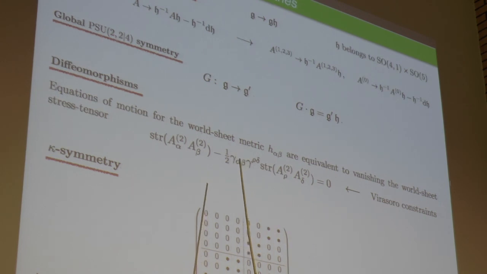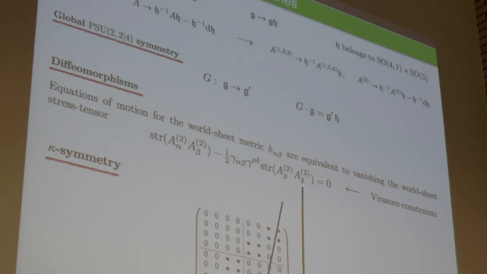You take the representative G from the coset representative, which sits in the coset. Then you multiply from the left by the element G. Generically, you get out of the coset. Multiplication by an arbitrary element of G gets you out of the coset.